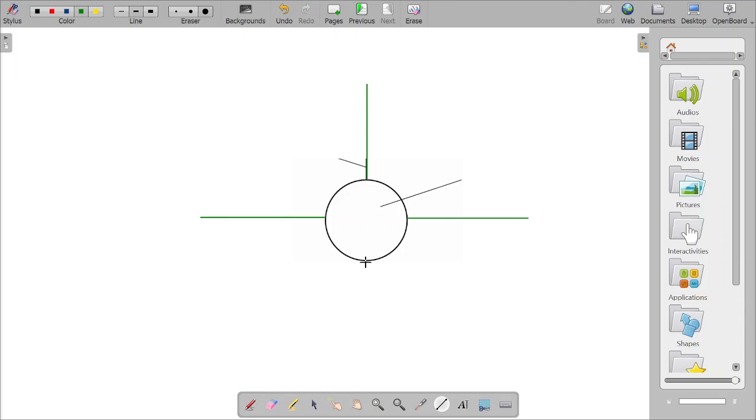In the same way electric field lines will be from here, and from this position to this one, from this position to this one, and from this position to this one.